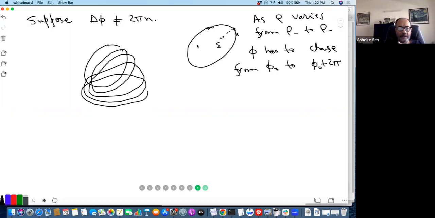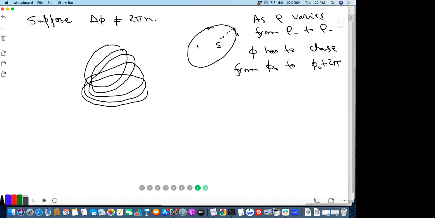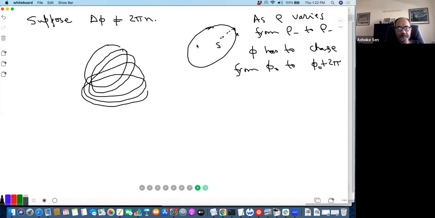Well, 2 pi times some rational number will not really do, because that basically says that it may become ultimately periodic, but one period will involve many more ellipses. That would also be periodic in some sense, but it will require many more revolutions. It will not be the kind of periodic orbit you are familiar with in Newtonian gravity.